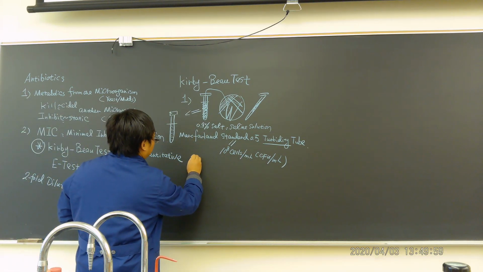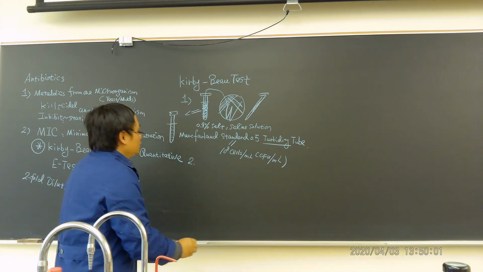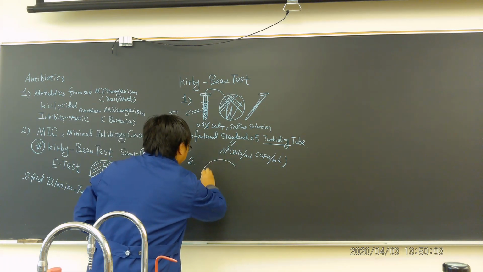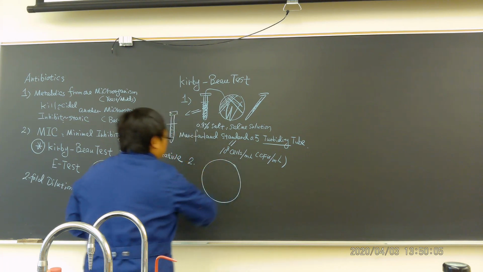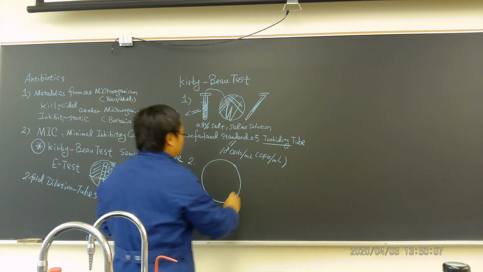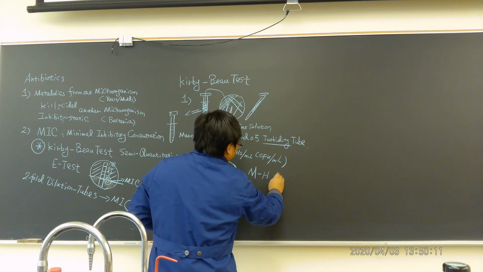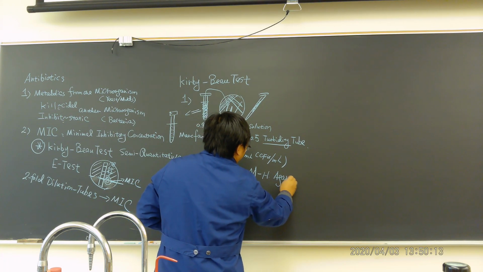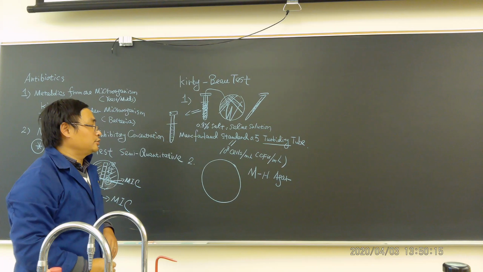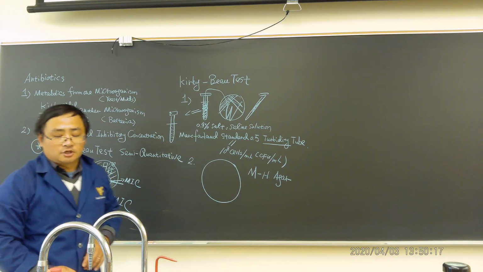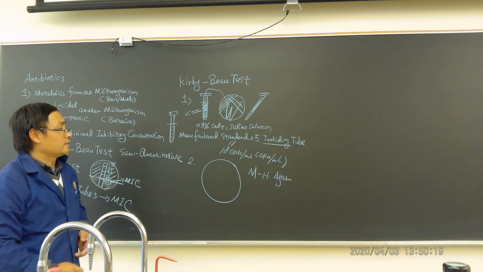Okay, this is the first thing we do. Second, you have an agar, a very special agar, Mueller-Hinton agar, which I call MH agar. It's a little bit special, not like the normal agar, though it looks very similar.